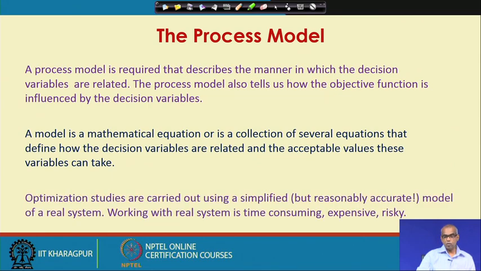Optimization studies are carried out using a simplified but reasonably accurate model of a real system. Working with a real system is time consuming, expensive as well as risky. So, a realistic process model which represents the behavior of the system under optimization quite well is necessary for mathematical optimization to perform.